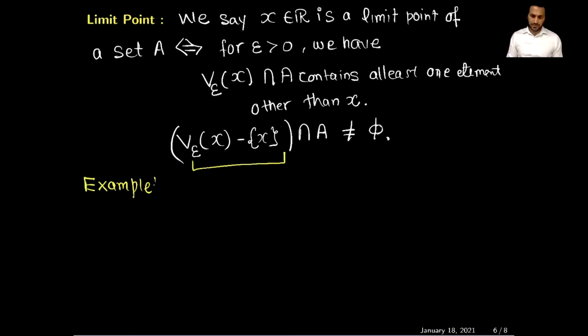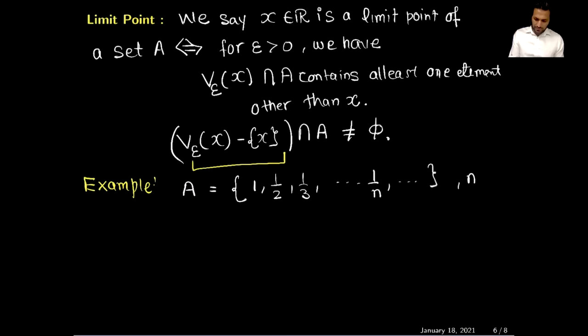Next, we will take another example. In this example, I will consider the set A whose elements are 1, 1 half, 1 third, and so on, the reciprocals of all natural numbers n, where n belongs to the set of natural numbers.